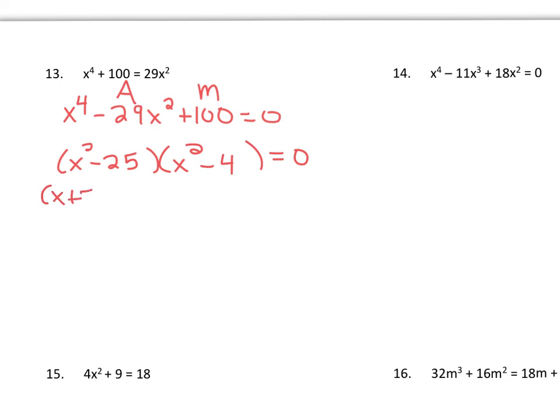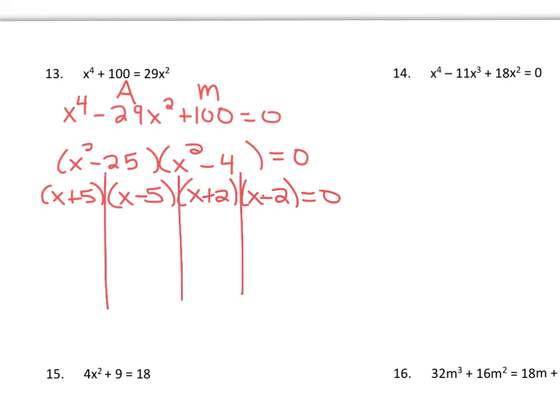So this factors to x plus 5 times x minus 5, that's a difference of squares. And the second parenthesis, this is also a difference of squares, factors to x plus 2 times x minus 2. Then I'm going to bring down my equals 0. You have to bring down this equals 0 in every single step, or else you get points off. You've got to keep it an equation. So I'm going to jump right to the answers.